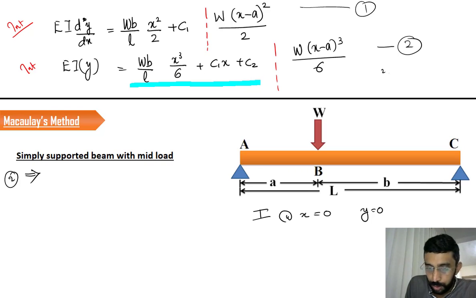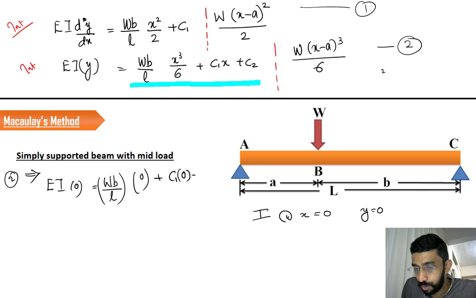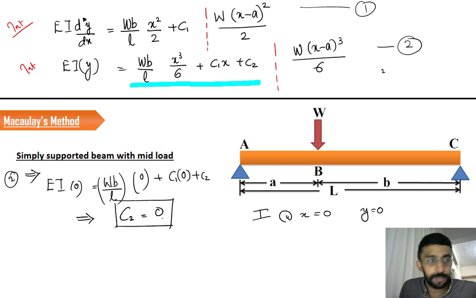So the equation is EI into 0 equal to WB by L into 0 plus C1 into 0 plus C2, which gives the value of C2 as 0, right?